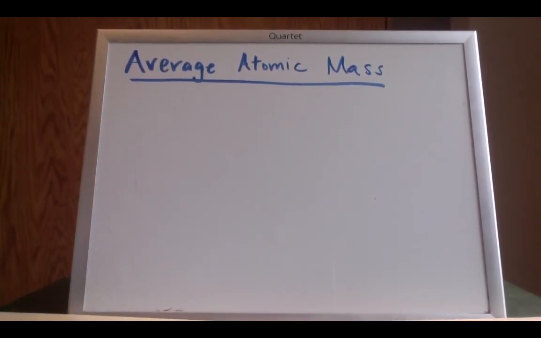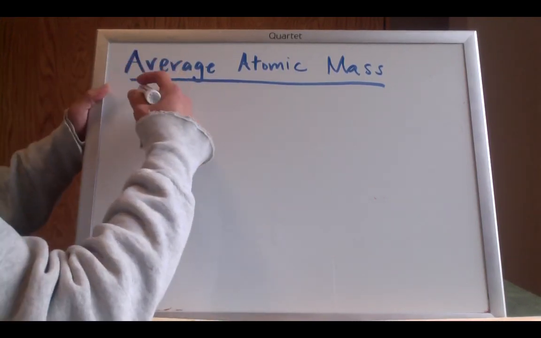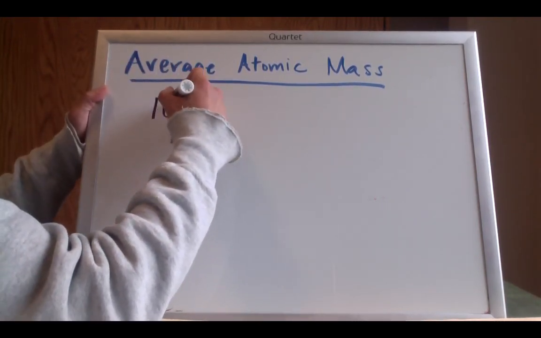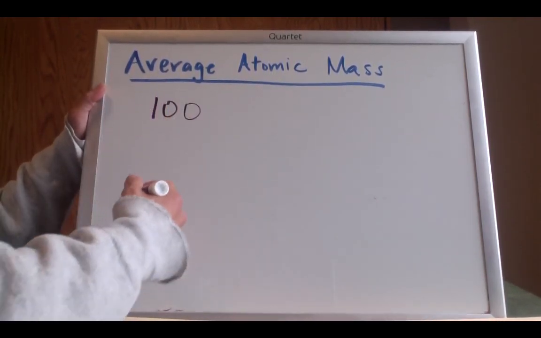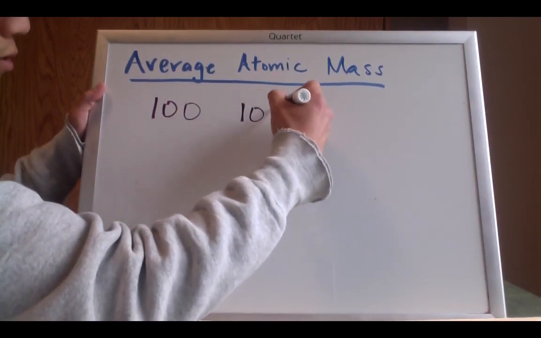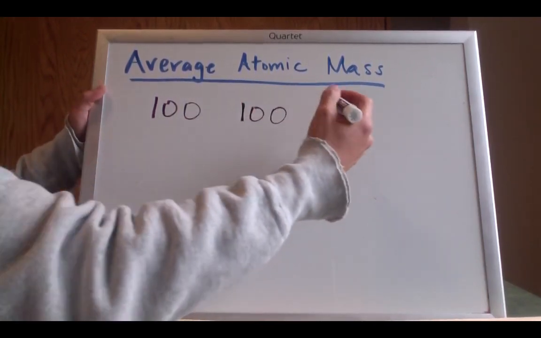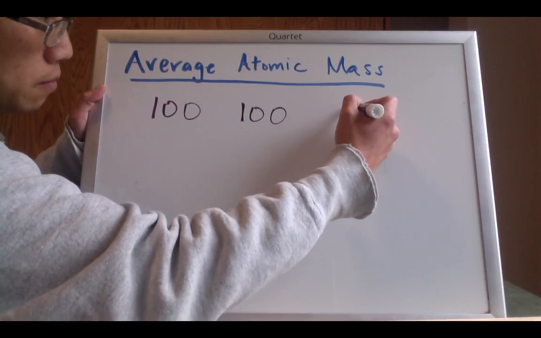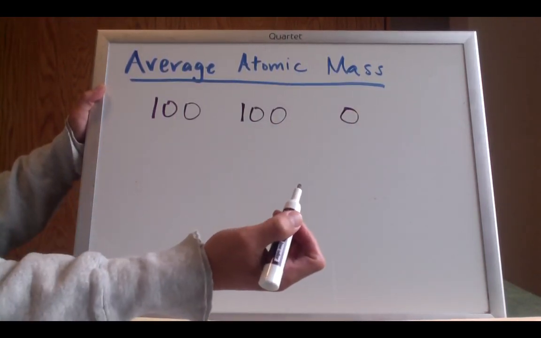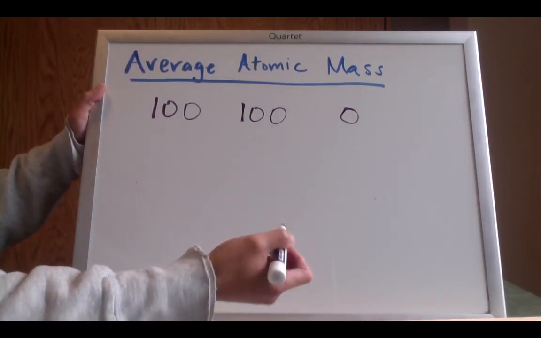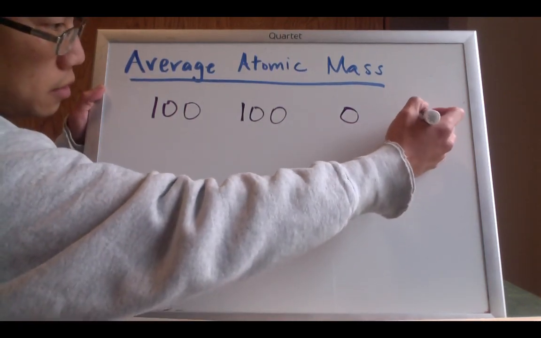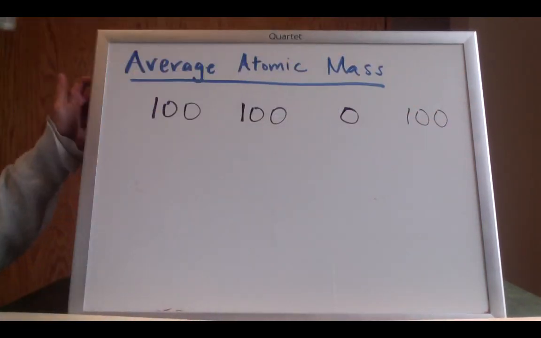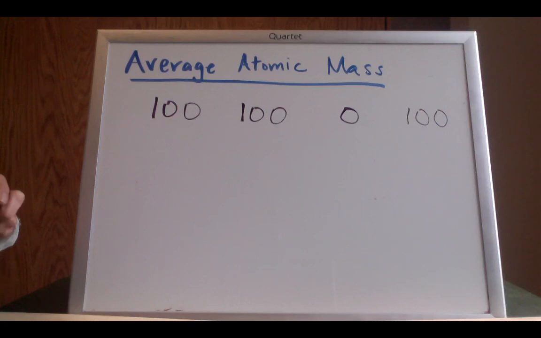So maybe we had a few test scores, and a student scored 100 on the first test. Good job. A student scored 100 on the second test. Good job. The student fell asleep on the third one and got a 0. That's okay. And then the student scored 100 again, and they learned the material, so they did pretty well.